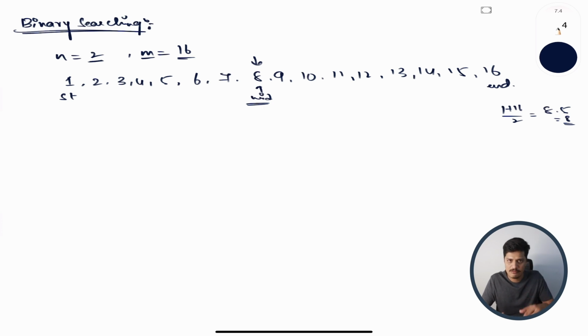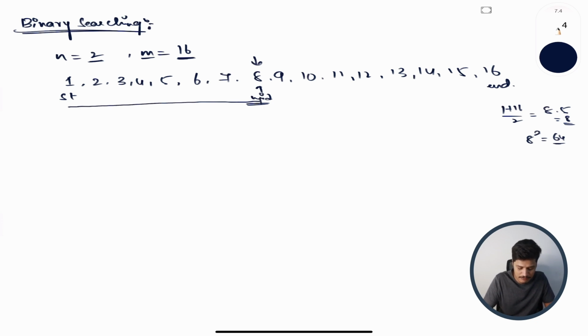That means 8 power 2, 8 square, is 64, but the value we want is 16 itself. That means middle power n is greater than the value we need to find. So the answer is among the smaller values, and the smaller values are on the left.